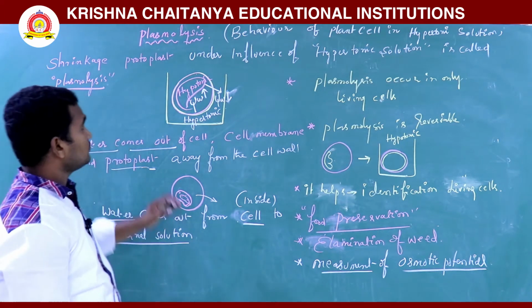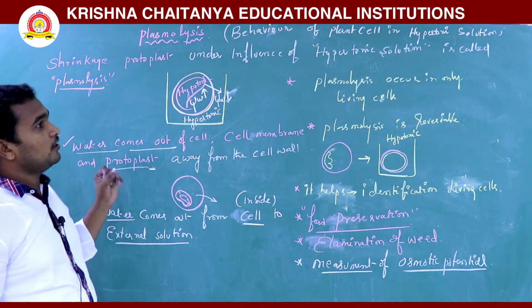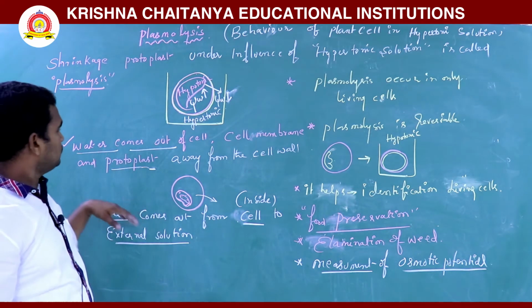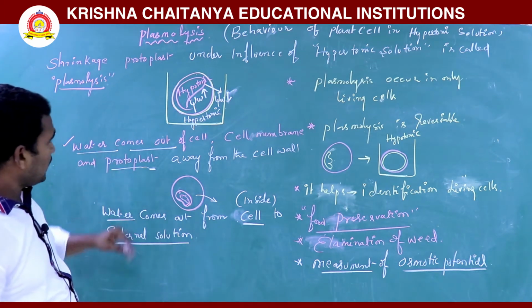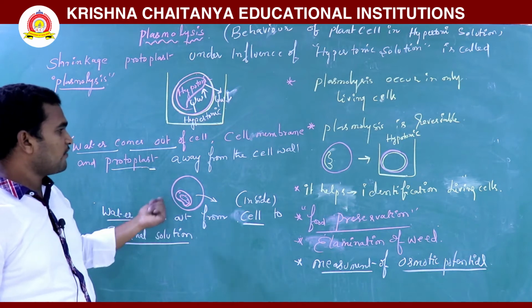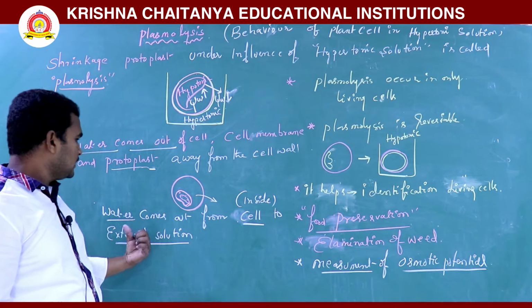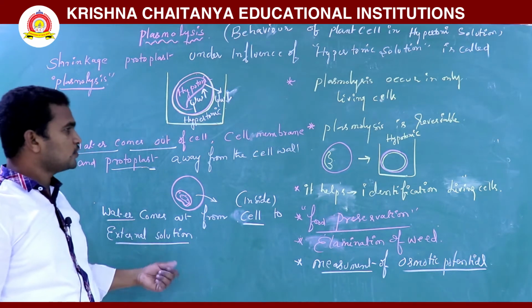You know plasmolysis: shrinkage of the protoplasm is nothing but plasmolysis. The cell membrane and protoplasm move away from the cell wall, and water comes out from inside the cell to the external solution.